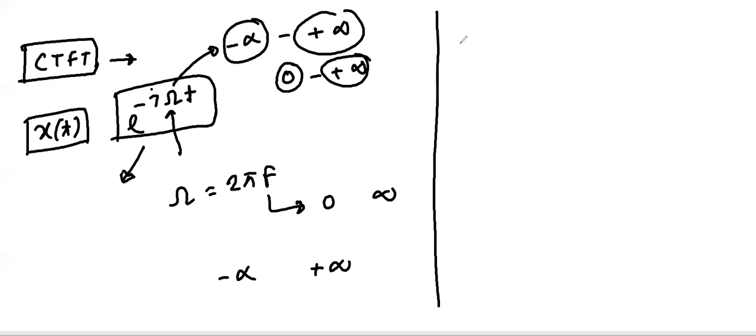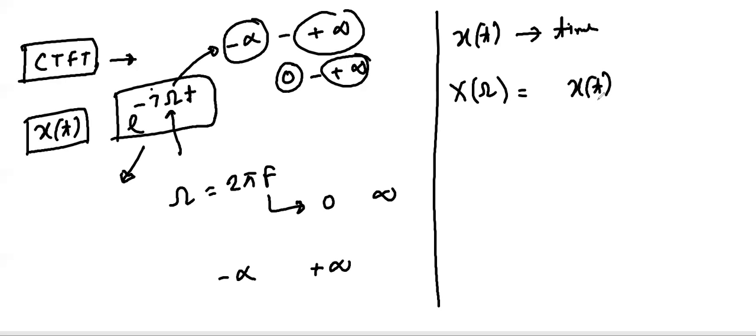So by definition, if we have x(t) as an input in the time domain, in the frequency domain we can represent it as X(omega) equals x(t) multiplied with e to the power minus j omega t, integrated from minus infinity to plus infinity with respect to time.